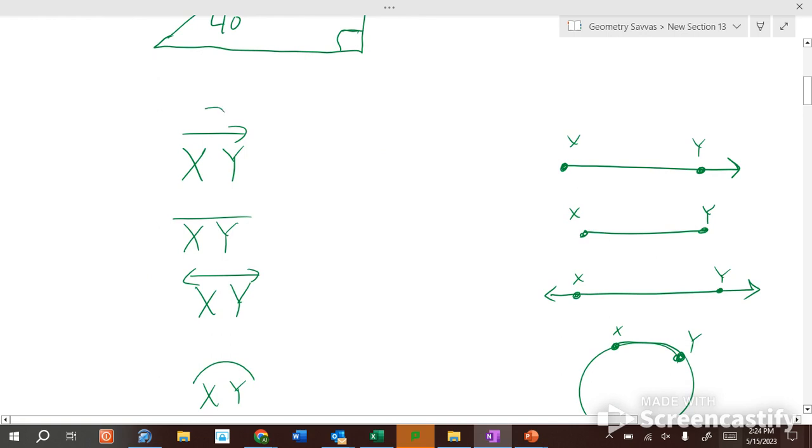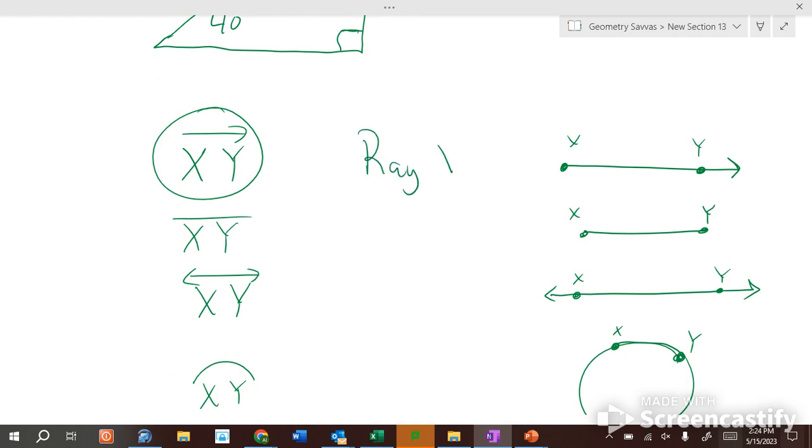What is the name of this thing? That is ray XY. It starts at X, goes through Y, and keeps going forever. What's the name of this thing? Segment, not line, segment XY. It starts at one point and goes to another point and stops.